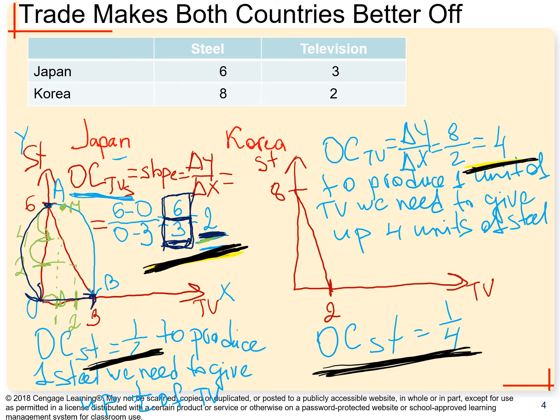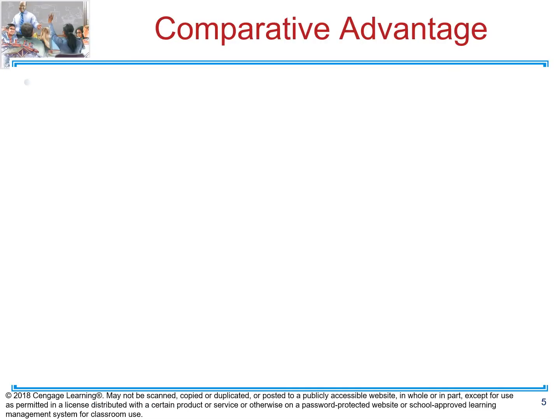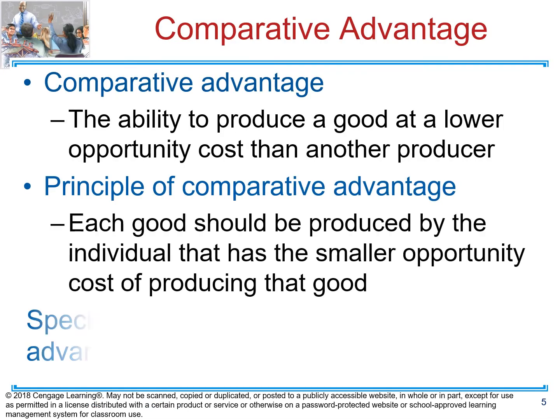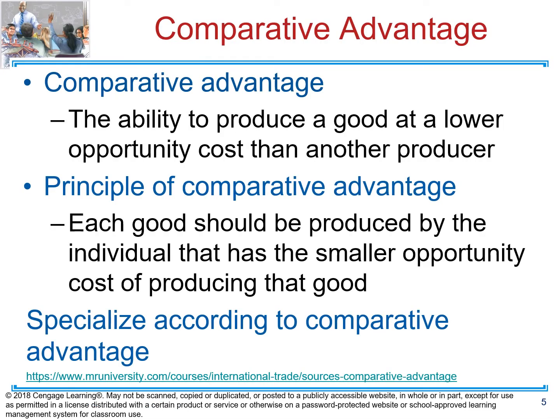So therefore, Korea is going to have comparative advantage in production of steel, and therefore Korea should specialize in steel and export. So let me put you on another slide and let's talk about comparative advantage. Comparative advantage is the ability to produce a good at a lower opportunity cost.